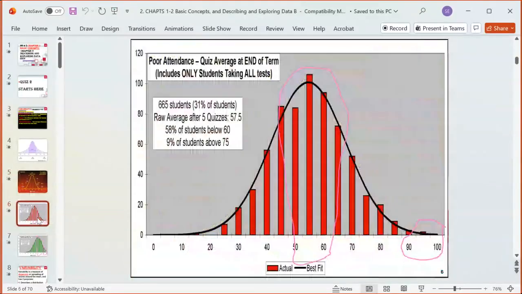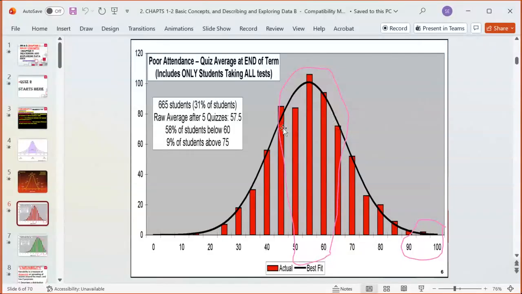And this is one of the applications of these materials. For example, by looking at this distribution, you can see that the scores are low.